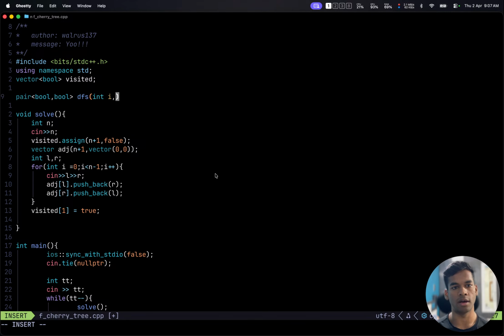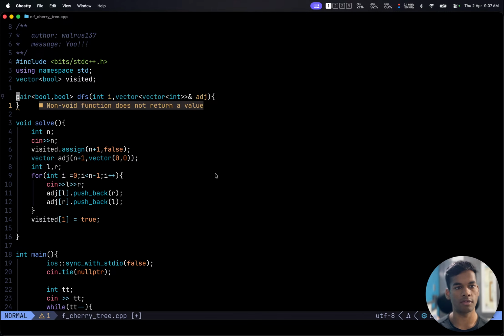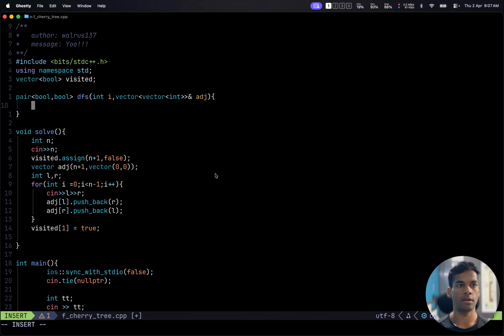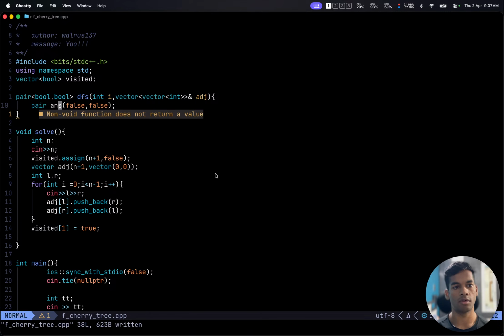DFS takes in i and vector int reference adj adjacency matrix, and pair response, or answer is false.